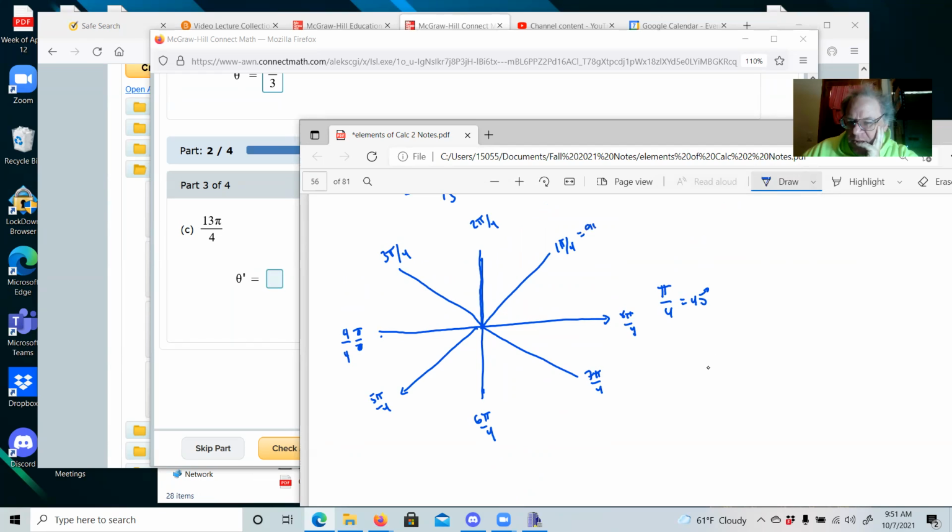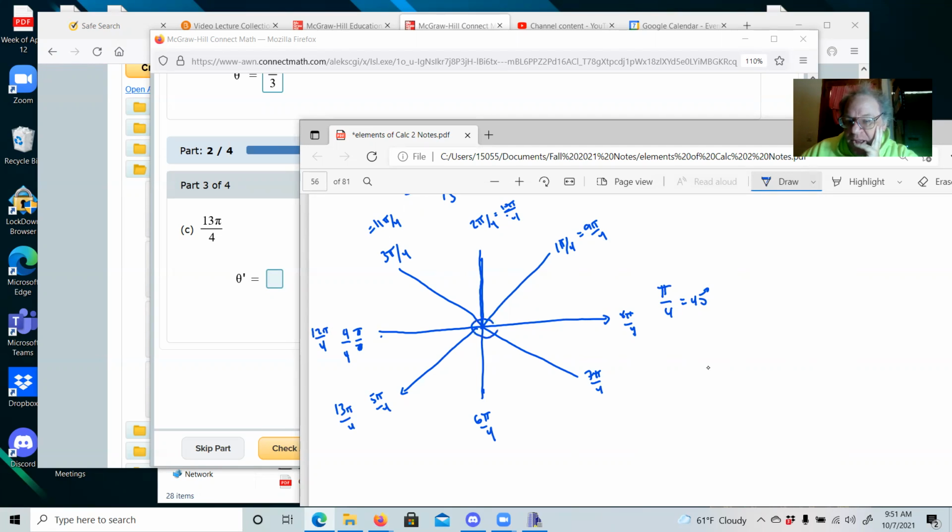This is also equal to 9 pi over 4, 10 pi over 4, 11 pi over 4, 12 pi over 4, 13 pi over 4.